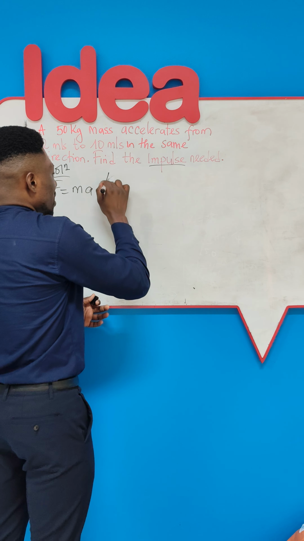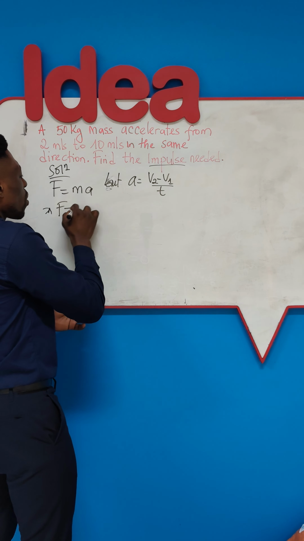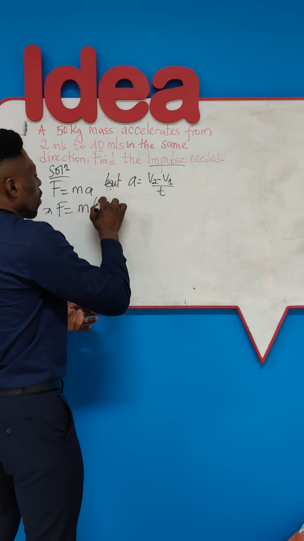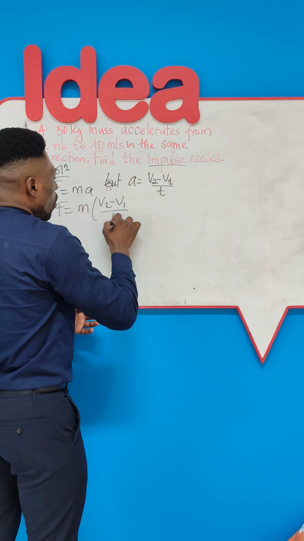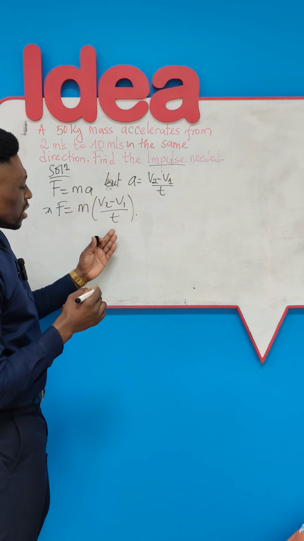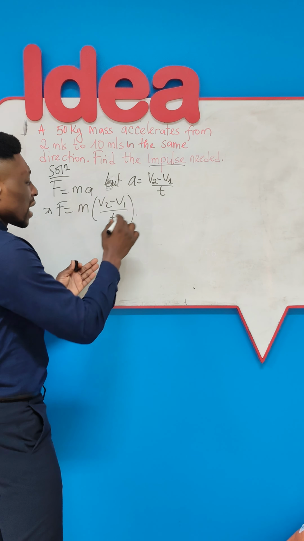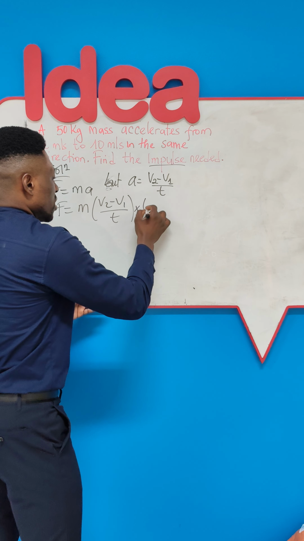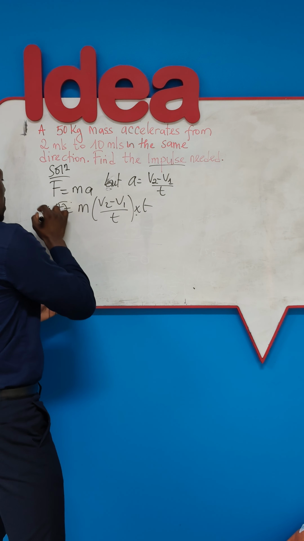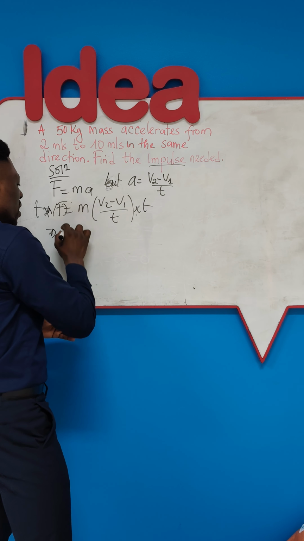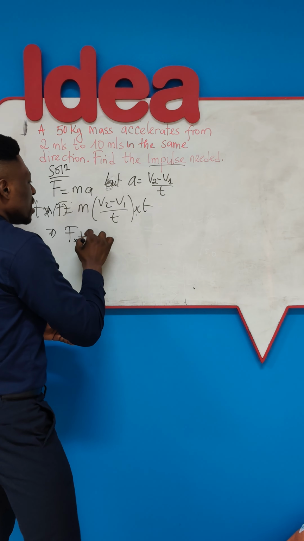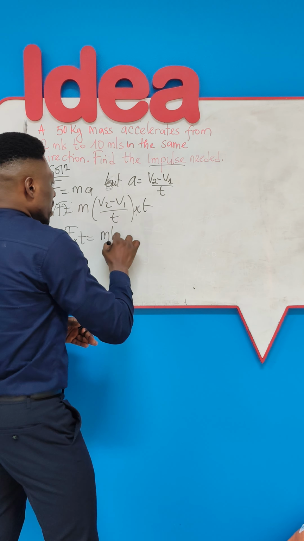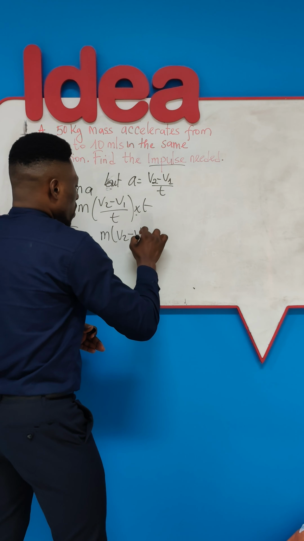So if we replace it in this formula, we will have that F equals m times (v2 minus v1) all over t. Now look at this point. If I multiply both sides of the equation by t, I'll have F times t on the left, equals m times (v2 minus v1).